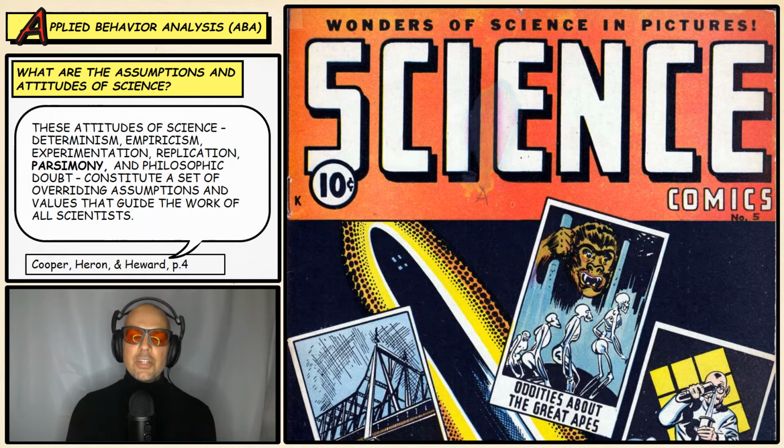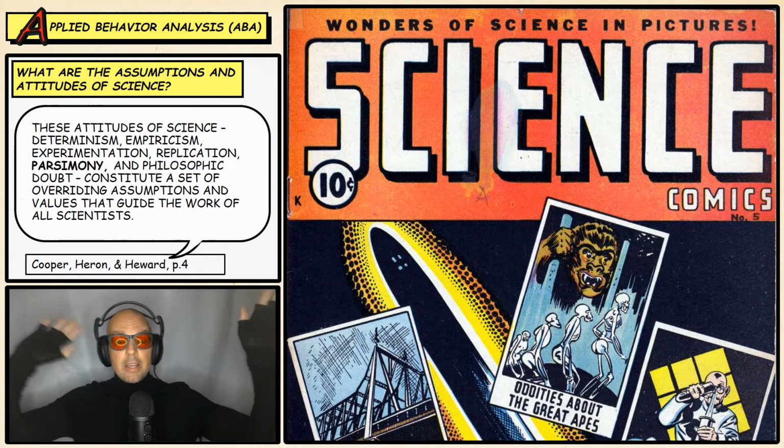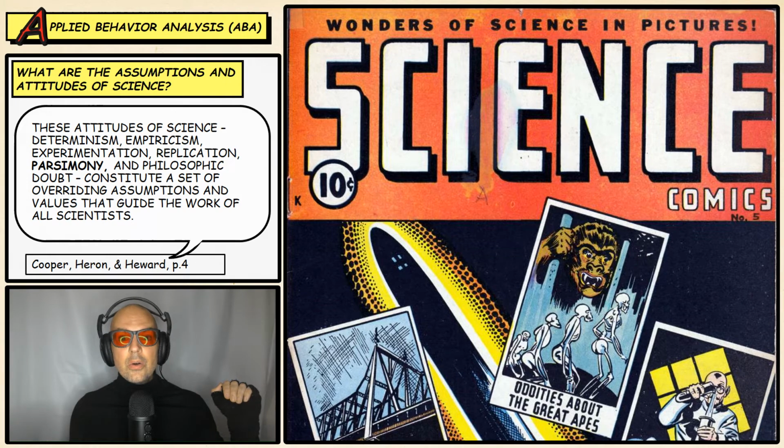So the next attitude and assumption of science that we're going to take a look at is parsimony. Parsimony is our preference as scientists for simple, logical explanations before we move on to more complex or abstract explanations. We look for the simplest explanations for the phenomenon before we take a look at more complicated, more out there, crazy explanations.